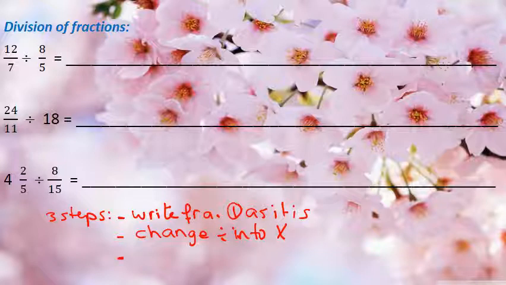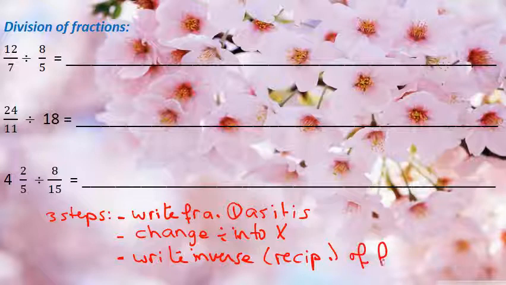Step number 3, we write the inverse or the reciprocal of the second fraction, fraction 2. Now we have multiplication. Now we multiply as we did in the slide before.